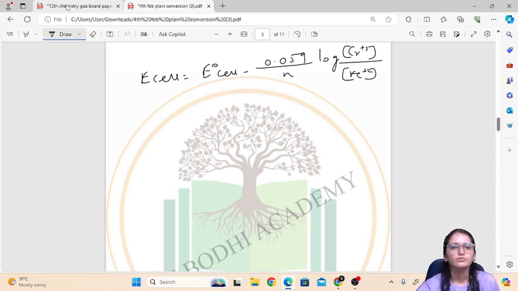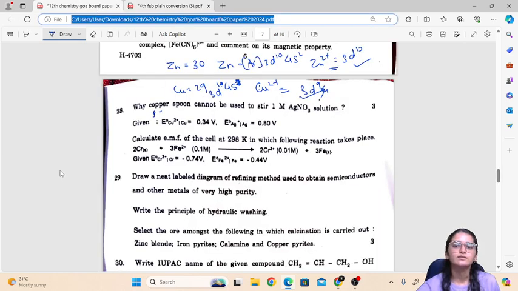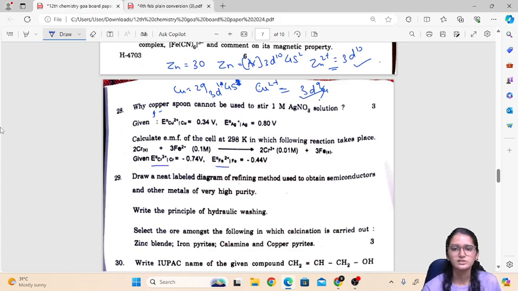So for E of cell, if you want to calculate, first we need to know the E naught of cell. And how to calculate E naught of cell? E naught of cathode minus E naught of anode. In this reaction, which is cathode and which is anode, we have to see. The simple way to remember is that the largest value among these is the cathode.